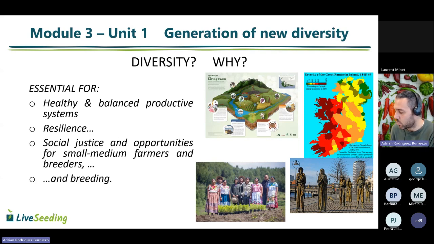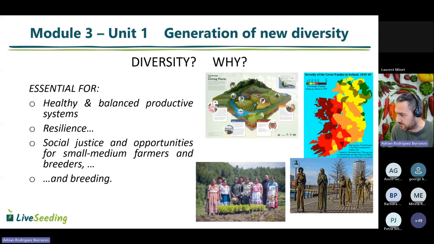So by promoting, improving, and breeding the diversity present in landraces cultivated by thousands, millions of small and medium farmers and breeders, we are also contributing to social justice, giving them opportunities in parallel to the market of the modern varieties.